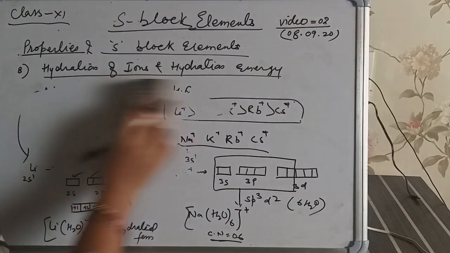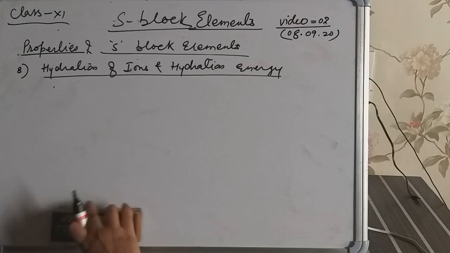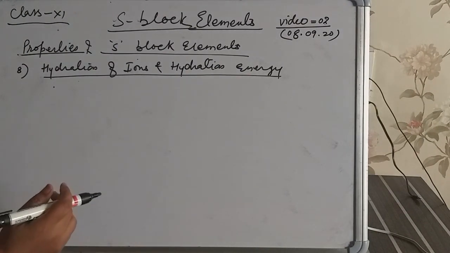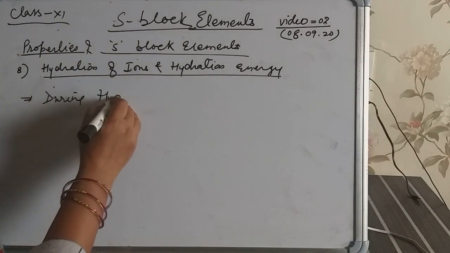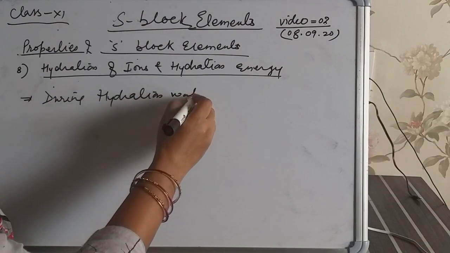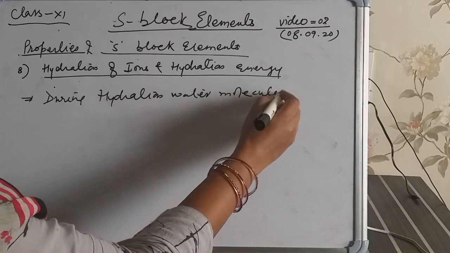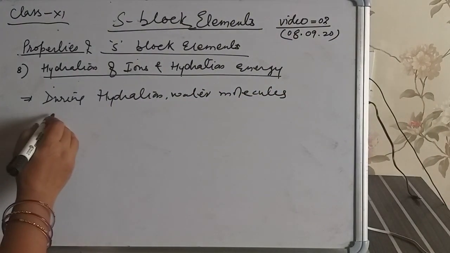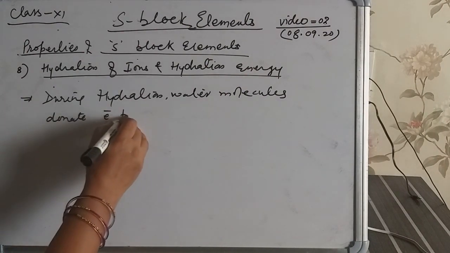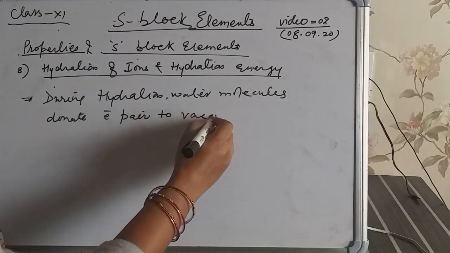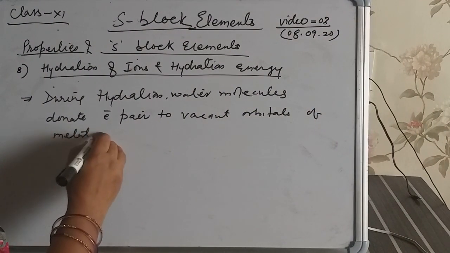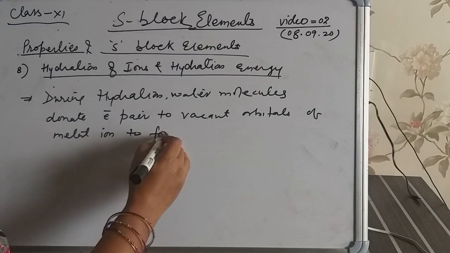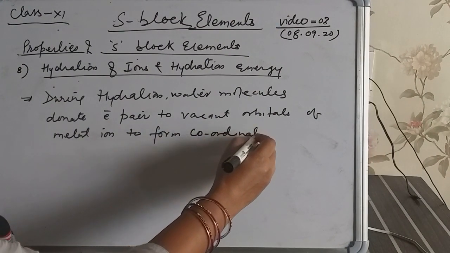During hydration, water molecules donate an electron pair to the vacant orbitals of the metal ion to form a coordinate bond.